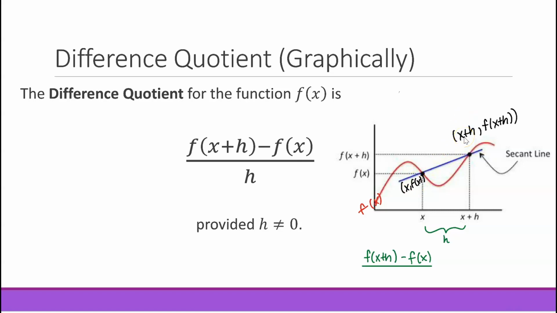So we have x plus h minus x, and the x's cancel. What we can see now is this difference quotient is really just the slope between two points on a function. Those two points define a line, and that line has a special name called the secant line.